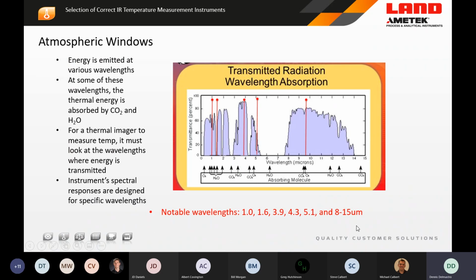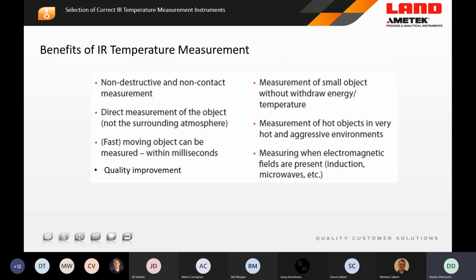So in the entire worldwide IR industry, the most notable areas that pyrometers are built around are the spectral responses of like 1 micron, 1.6, 3.9, 4.3, 5.1, and 8 to 15. So if you're looking at pyrometers, you'll tend to see that the spectral response is usually in these areas. And it's just a necessity so that the instrument can actually see or pick up the thermal radiation.